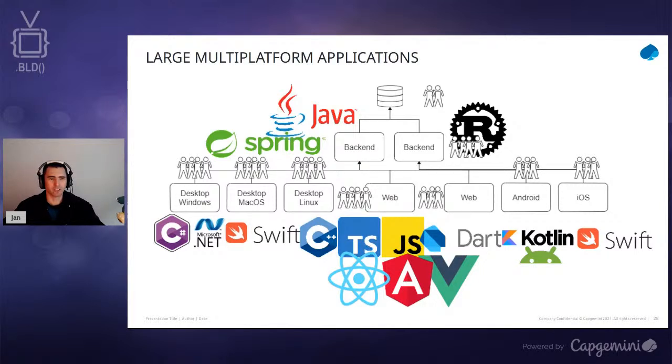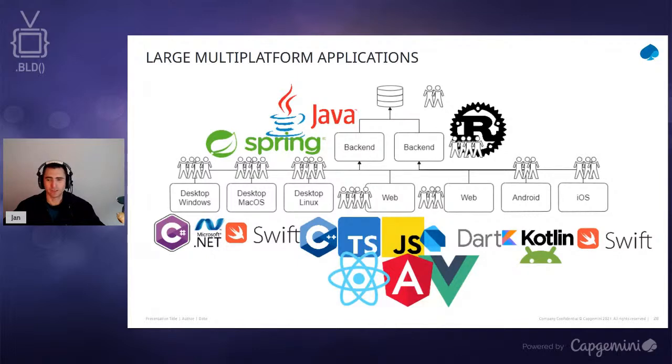It has another application in Rust; maybe it's doing some kind of photo or video editing or processing that needs a bit more oomph. Then they've got a desktop application built in C#.NET, another one in Swift, and another one built in C++. And in the web space, they've got TypeScript with React, JavaScript with Angular, and Dart or Vue. For Android, they've got Kotlin, and for iOS, they've got Swift.